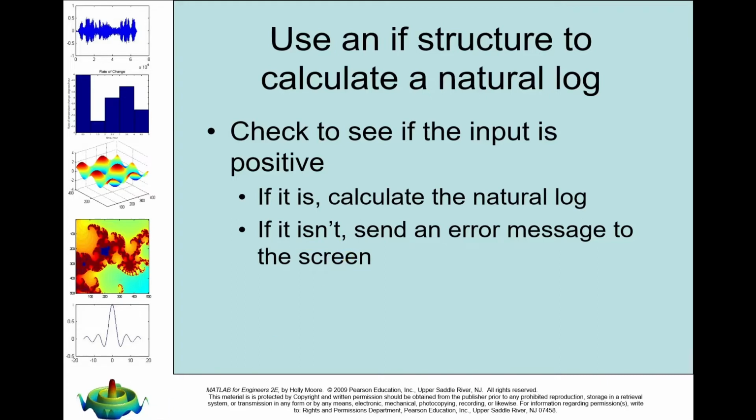If it isn't, send an error message to the screen. So basically, what will happen is, we have this input and then we're going to check the comparison: is the input positive? If it is true, calculate the natural log.